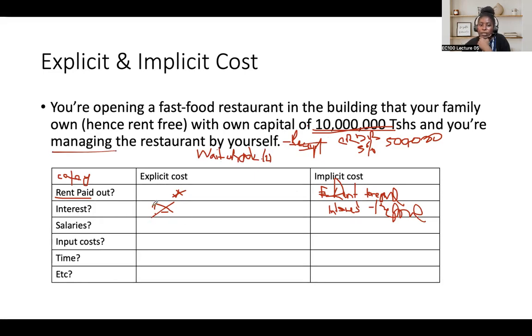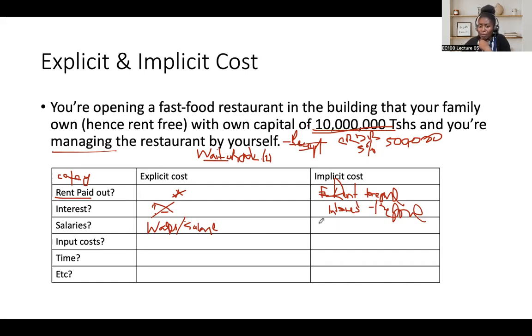So salaries, because you're paying out money to the waiter and cook on a monthly basis, wages. So this will be wages and salary that you pay directly. I assume you pay them directly every month to the waiter and cook. But how about yourself? Maybe you're saying I'm managing the restaurant myself and I'm not paying myself.